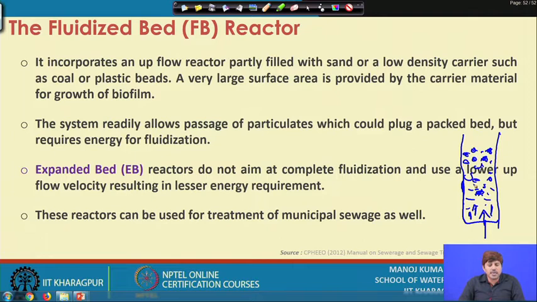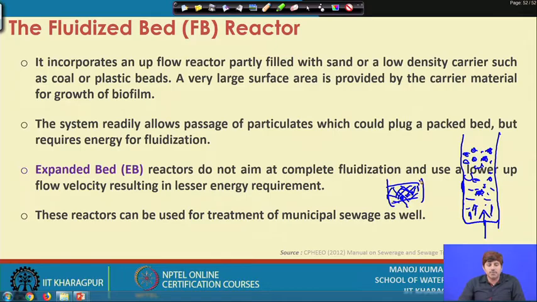This system readily allows the passage of particulates which could plug a packed bed reactor, because in a packed bed reactor the packing media is fixed. So, anything going in may get trapped and can block the pore spaces, causing a significant amount of head loss.